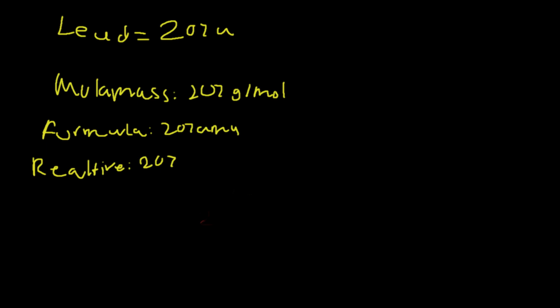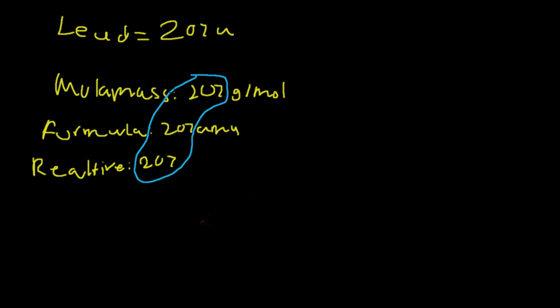I want to point out that all of these numbers have the exact same mass. It's not that molar mass is automatically 100 pounds more than the formula mass. That's not how chemistry works. You cannot create matter, and that's one of the very basic concepts of chemistry, which you've learned in previous courses. Matter cannot be created out of thin air.